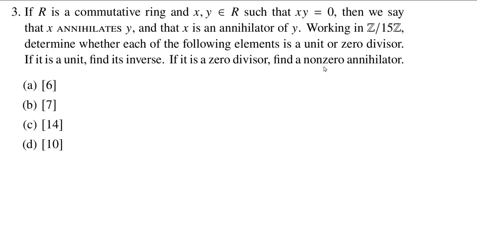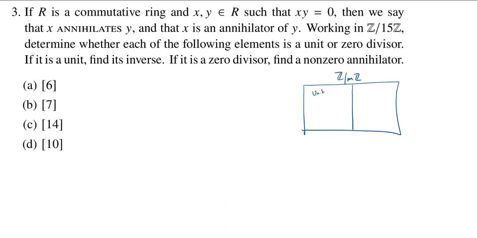We had a rule that told us that if we are working in Z mod MZ, where M is greater than 1, then every element is either going to be a unit or a zero divisor. And how do we know which?